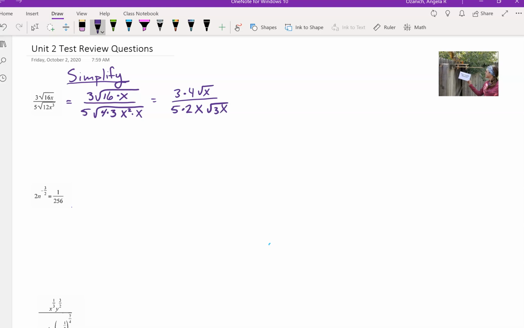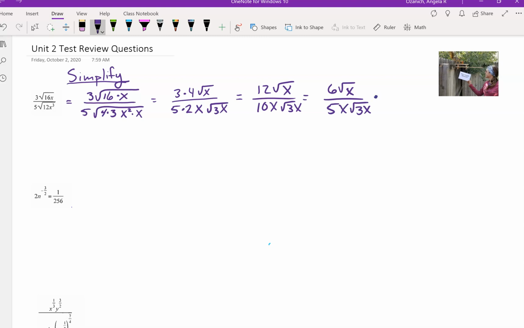So we can even simplify a little bit further by reducing our fraction before we go through this process of rationalizing the denominator. So I'm going to do that real quick. I'm going to change this into a 6 over 5. So 6/5 instead of 10/12 x, and then root 3x.